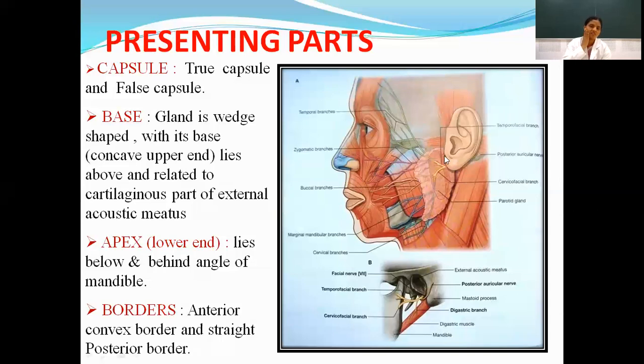Then deep to the superficial fascia is the deep fascia, which is the false capsule, and beneath that we can identify the lateral surface of the parotid gland, limited in front by the anterior border and posteriorly by the posterior border.